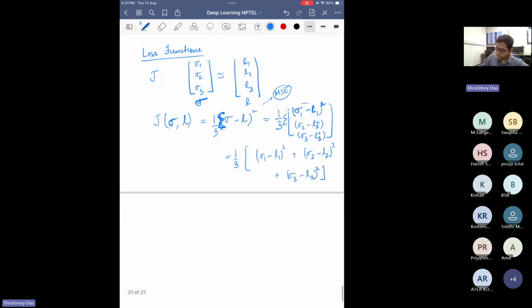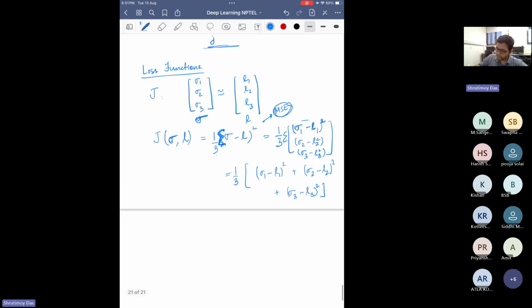So this is one loss function that you can use for MSE. But we have something else. We know that this is a probability distribution, right? That summation L1 plus L2 plus L3 is 1. So we can also say that sigma 1 plus sigma 2 plus sigma 3 is 1.